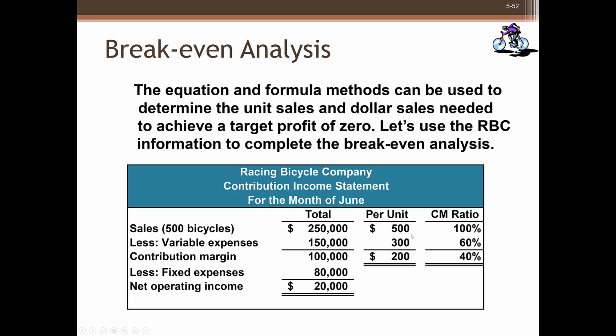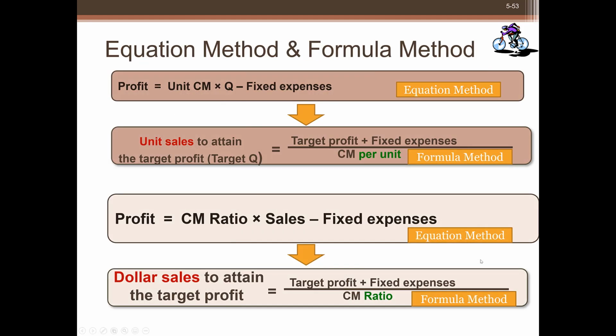Selling price per unit $500, variable expenses $300, contribution margin per unit $200, and contribution margin ratio, which is 40%. Okay, now for the equation method and formula method, we can solve Q, which is quantity, and sales, which is dollar amount.